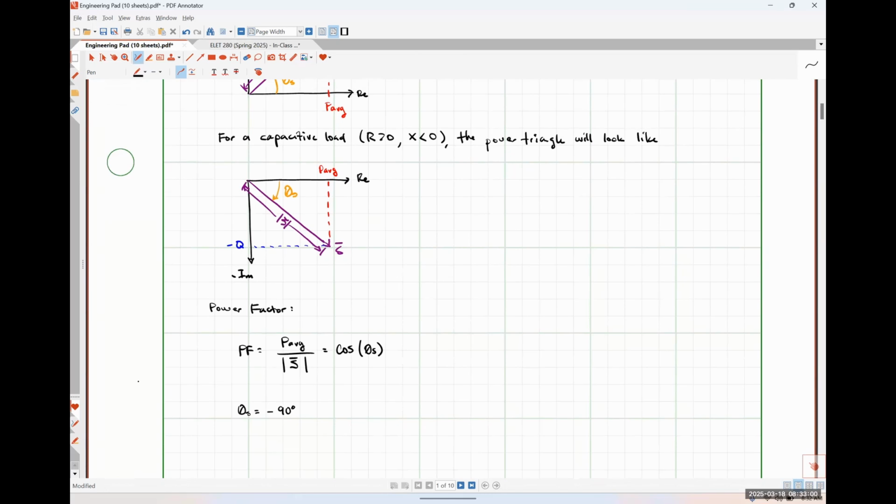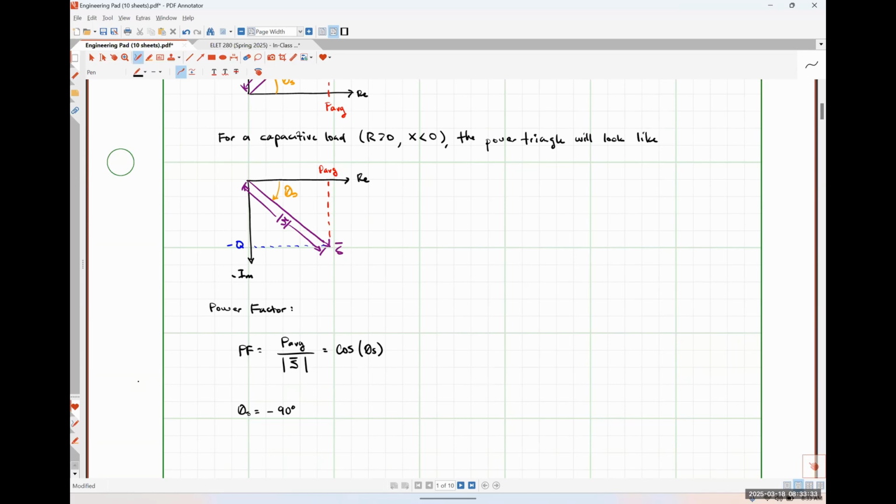So if we look at our power triangle for a capacitive load, imagine that the angle theta s has swung all the way down to negative 90 degrees. In that particular case, what would our average power be? 0. So if our average power is 0, what is our power factor? What does it have to be? Also 0.